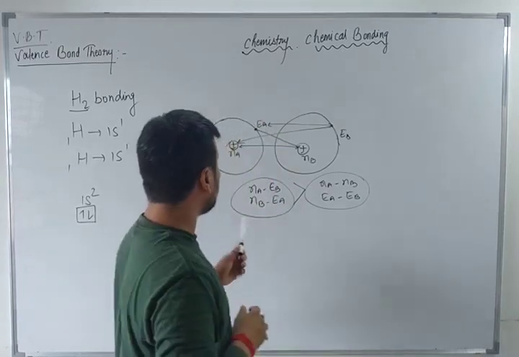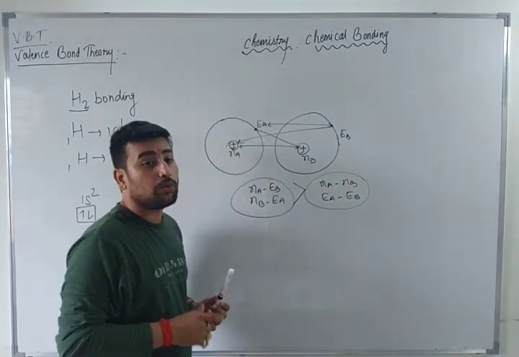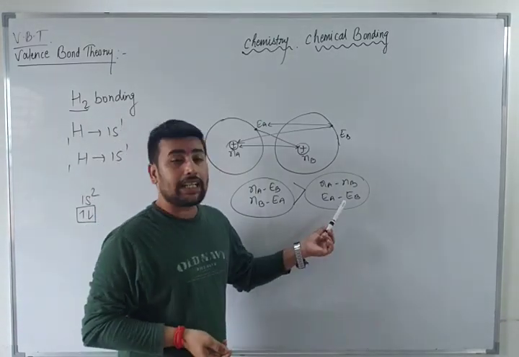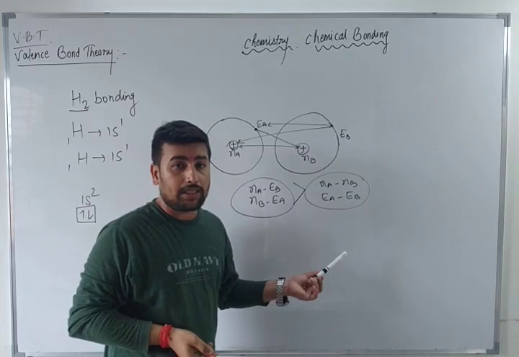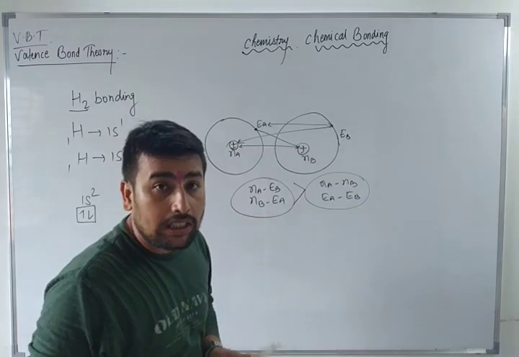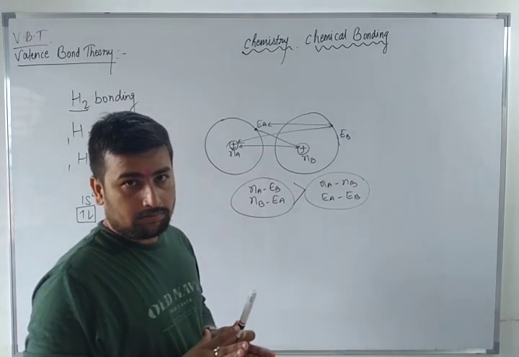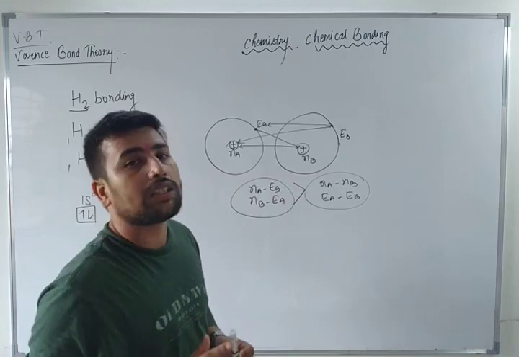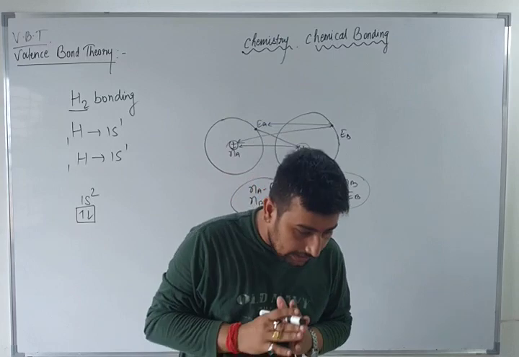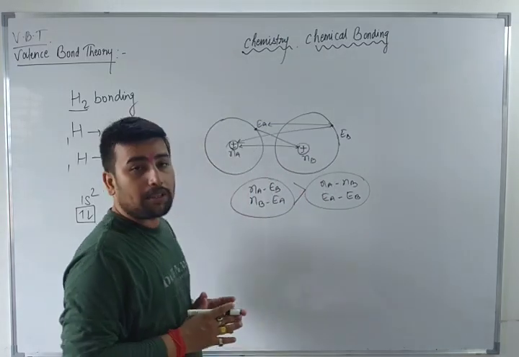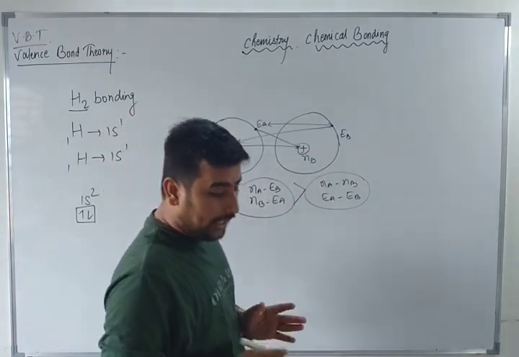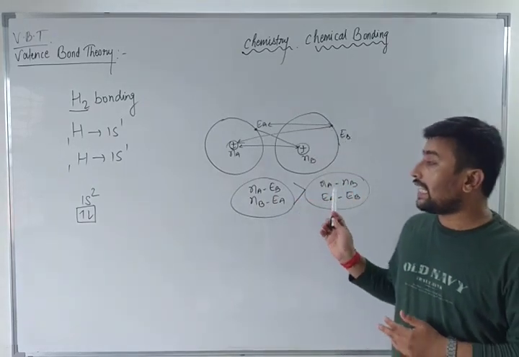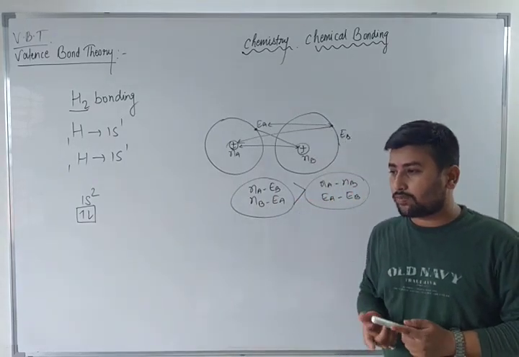So remember, dear students, only if the nuclear attraction force of the electrons is greater than the nuclear and electron repulsive forces is bonding possible. Otherwise bonding is not possible. Remember these things. You may have heard about these forces, nuclear attraction force and electron repulsion force.